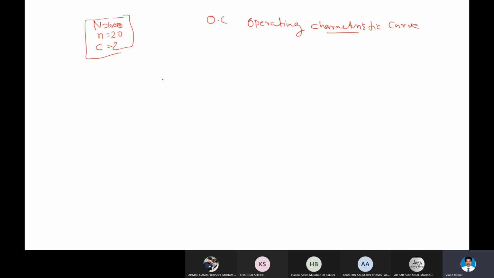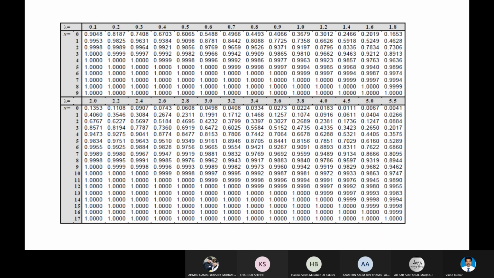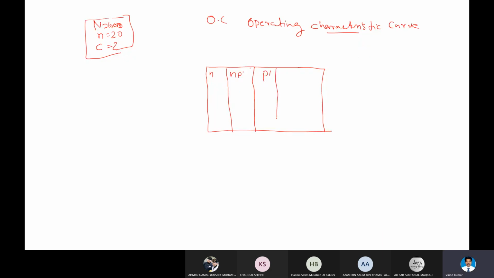How to draw the operating characteristic curve: we have to prepare a table. In this table, I am going to write n, np dash, P dash, PA, and then the multiplication P dash times PA.